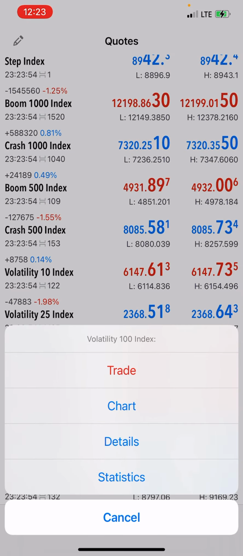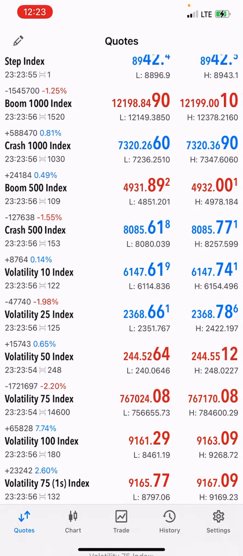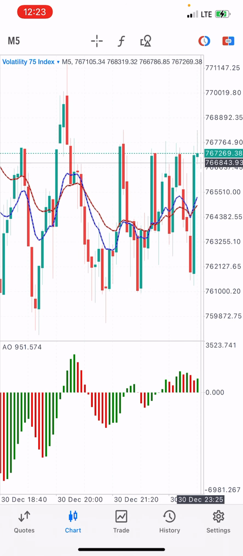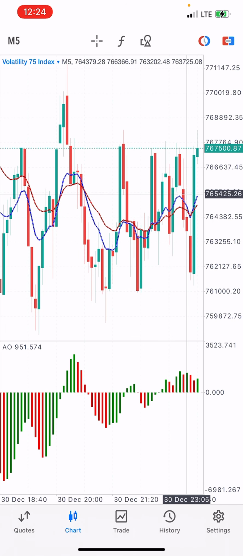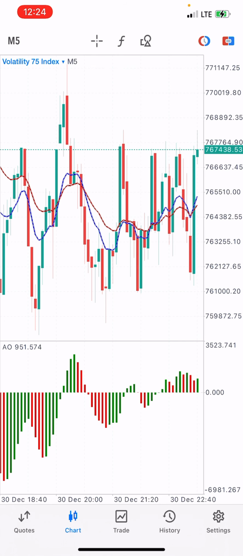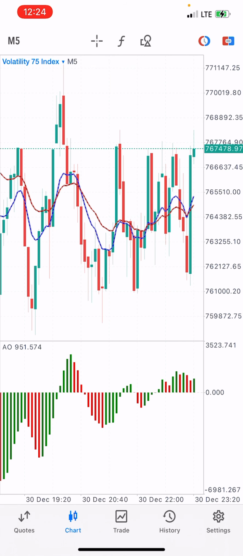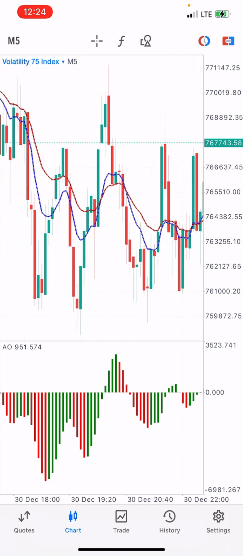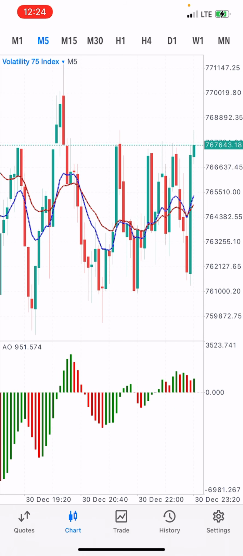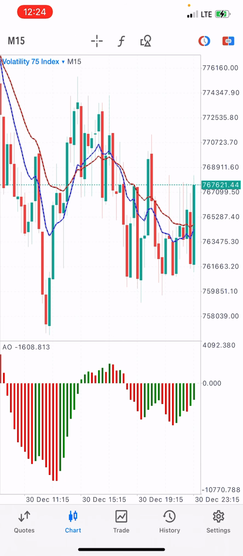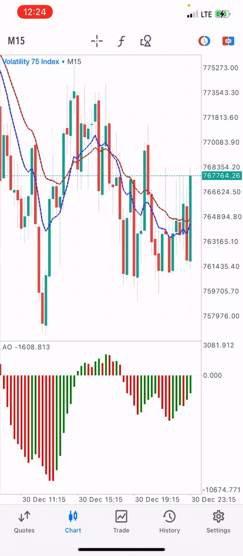So let's see the most popular volatility index, which is the volatility 75 index. Watching from this strategy, guys, you will see that from the 15-minute time frame, it indicates a sell, but an intersection is about to occur.